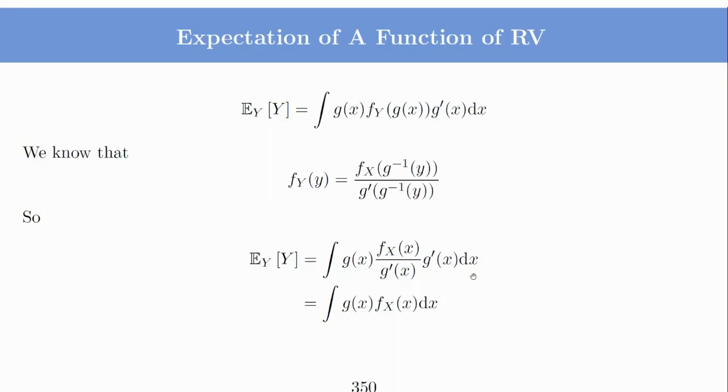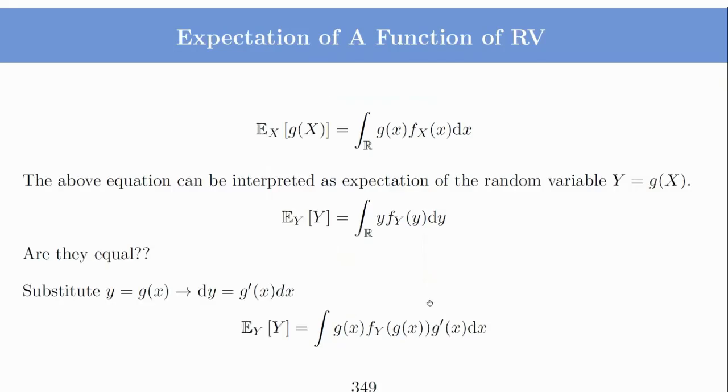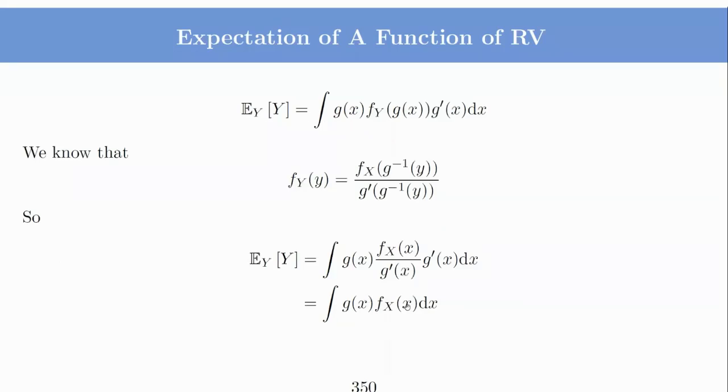So you get this expression. Now here g' and g' will cancel out, so what you get is the integral of g(x) f_X(x) dx. I have not considered some technical conditions here, but this is in general a proof that E[Y], the expectation of Y, can be written either in this format or in this way, and both will give you the same answer because f_Y is actually connected with f_X in this special way.